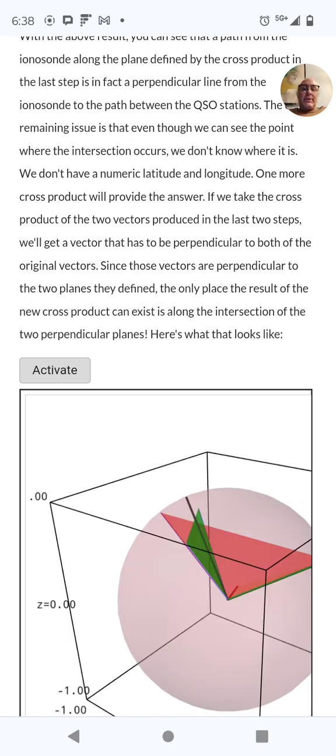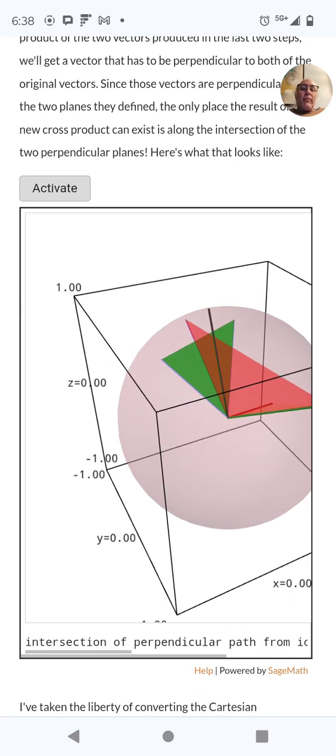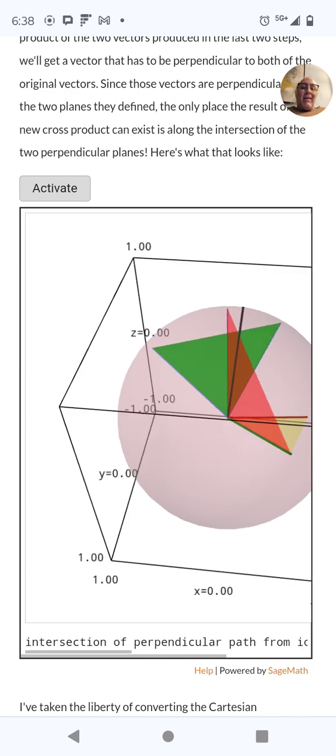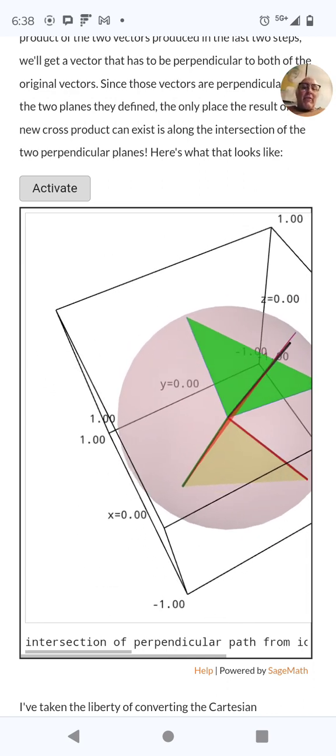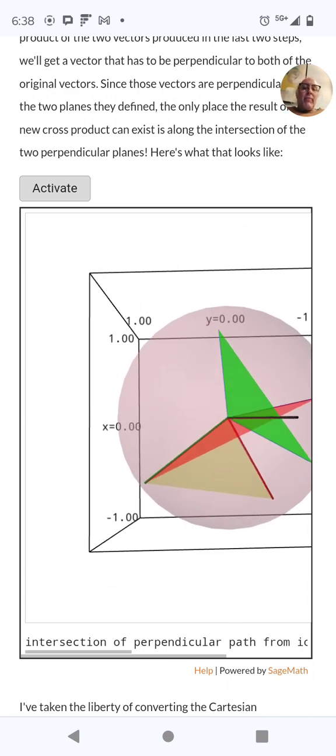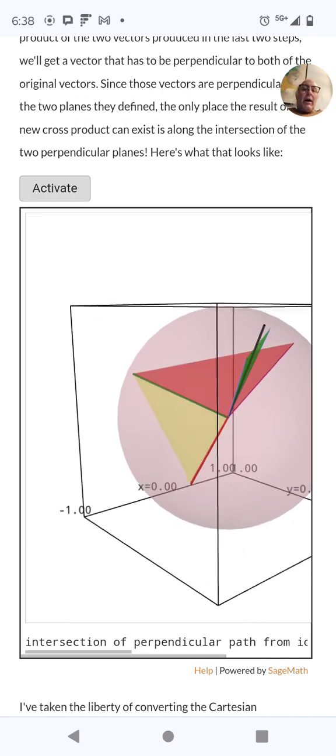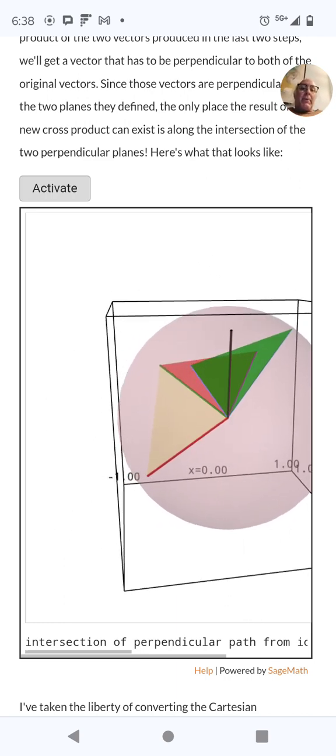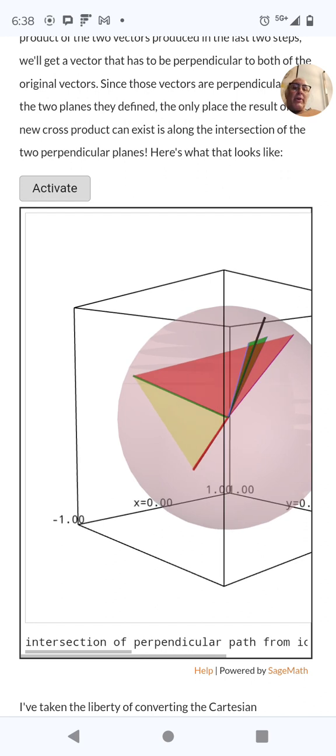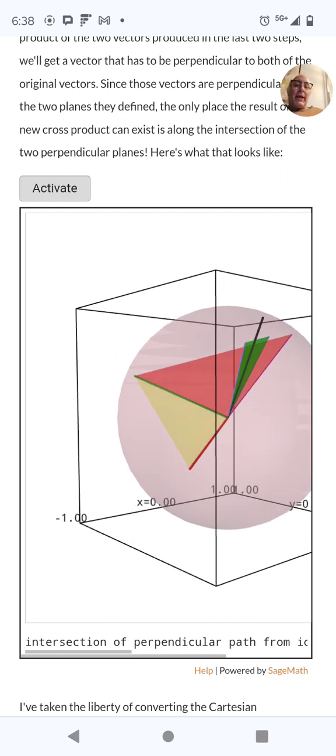So here are the results of that cross product. There's our green vector down there. There's our pink vector. And you will notice there is this new plane that cross product defined. That's cool. We don't need it right now.